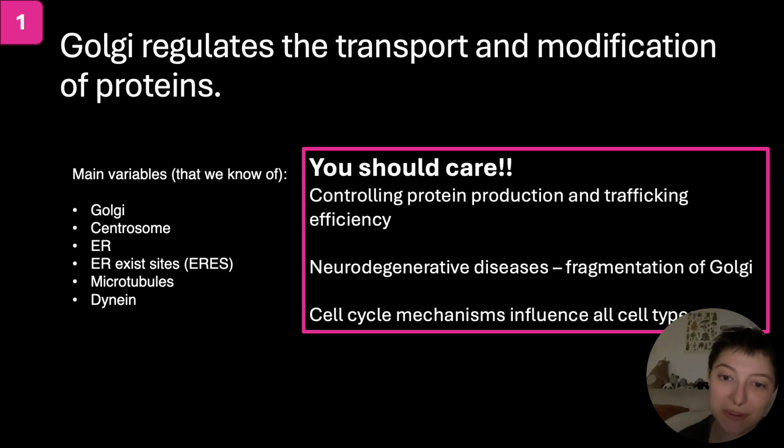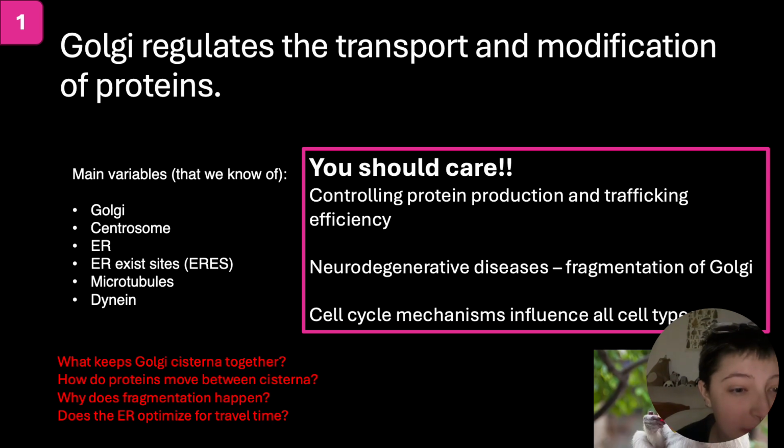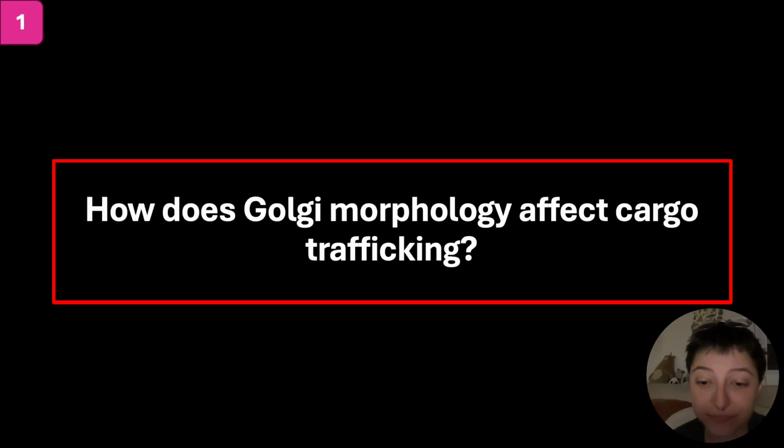That's also important, right? If the cell can't divide, then that has translational aspects. Also, as a researcher, you might care because there are a lot of open-ended questions about the Golgi and how this whole process works.